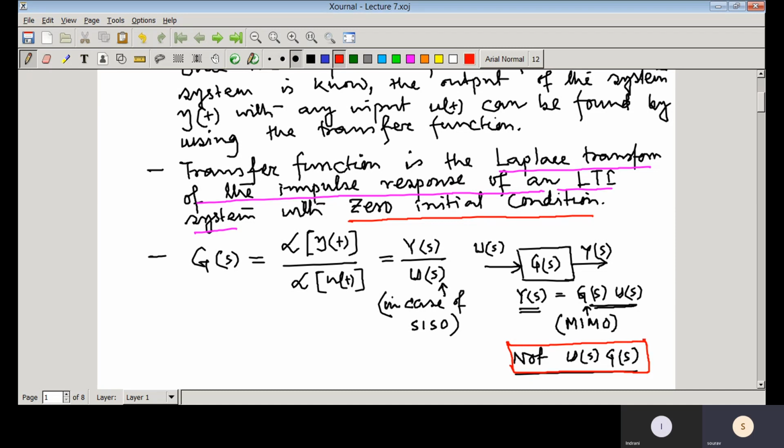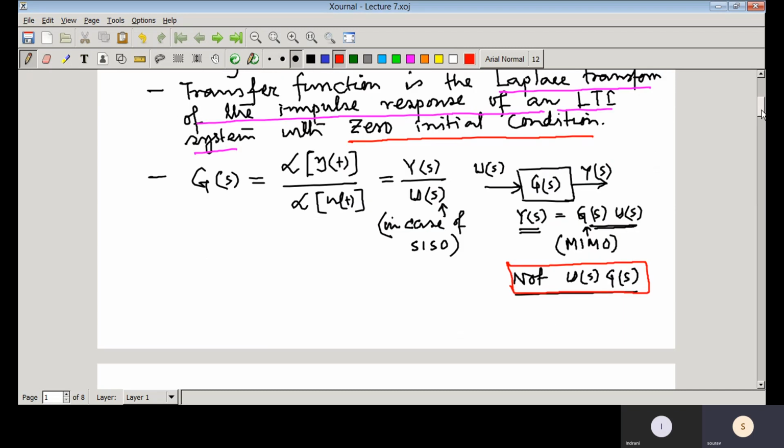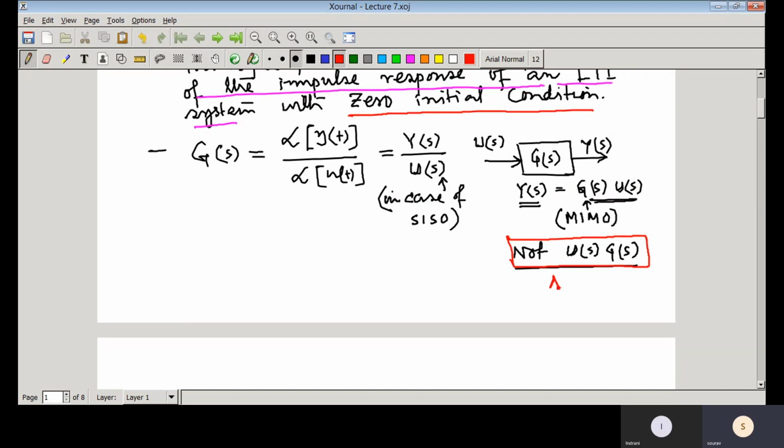The reason is, in matrix algebra, you know that AB is not equal to BA.